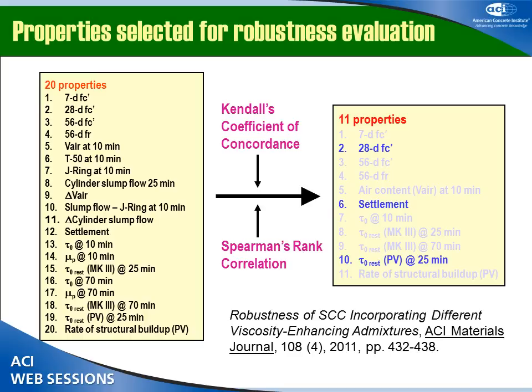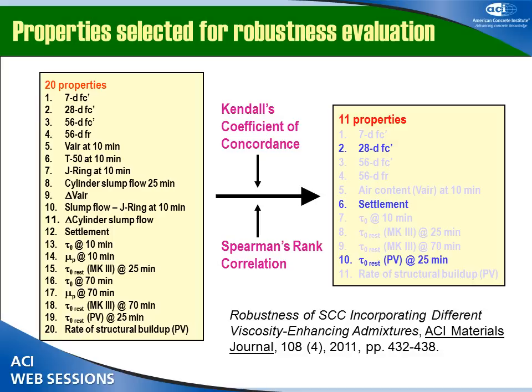So these are the properties we're looking at in our study: fresh properties, rheology, workability, their retention over time, and mechanical properties. And then looking at the Kendall's coefficient of concordance, which is a statistical approach, we were able to reduce the 20 to 10.